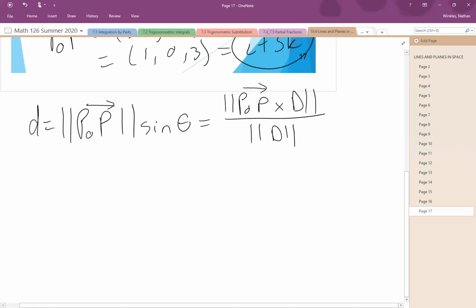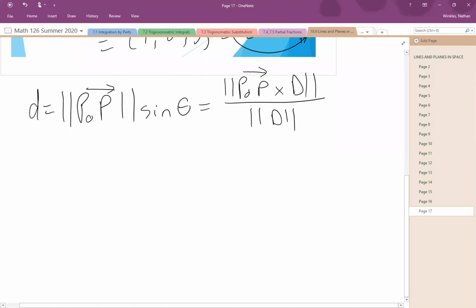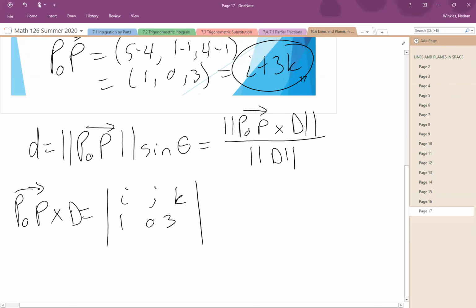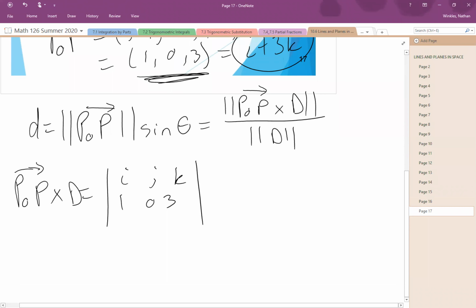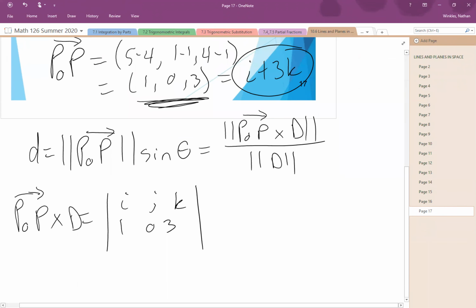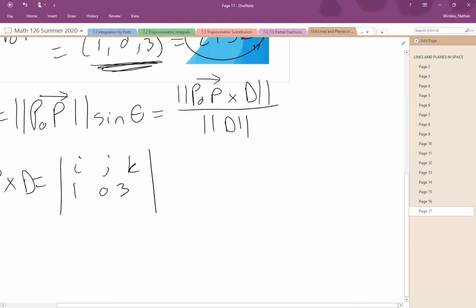So we need to find our top piece there. P0P cross d is the determinant with i, j, k, then 1, 0, 3, because that's what we found, and our d, which was up here, is 1, 2, 2.